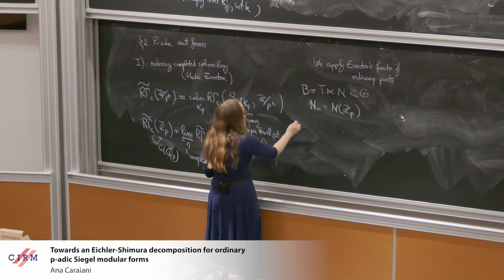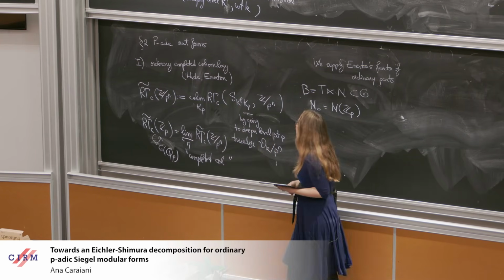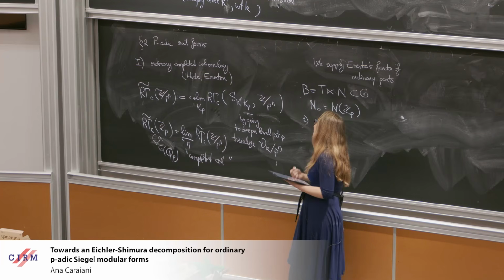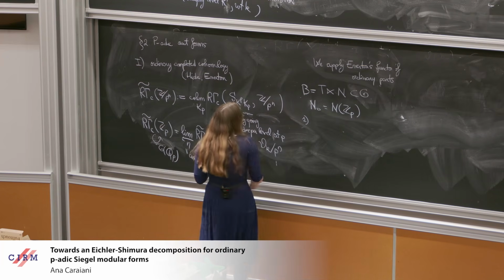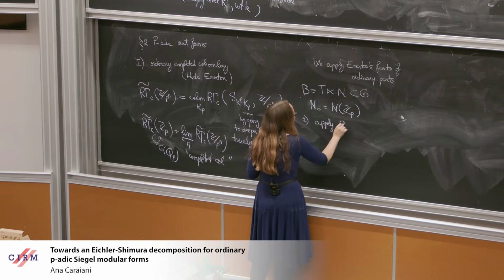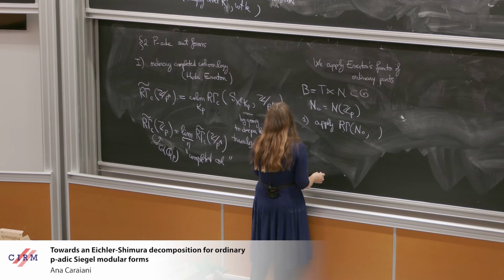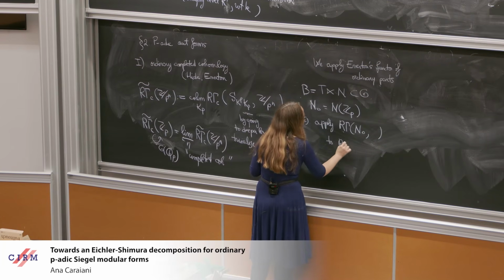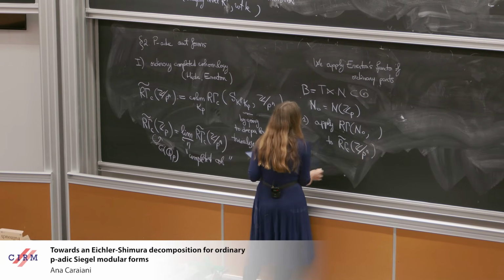And then the way that you construct ordinary parts, or the way that you apply ordinary parts in general to, say, a p-adically admissible representation of a p-adic group, is you take continuous group cohomology to it. So in this case, I'll do it to the mod p^n object.